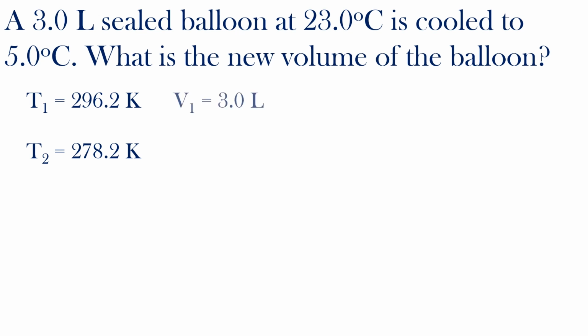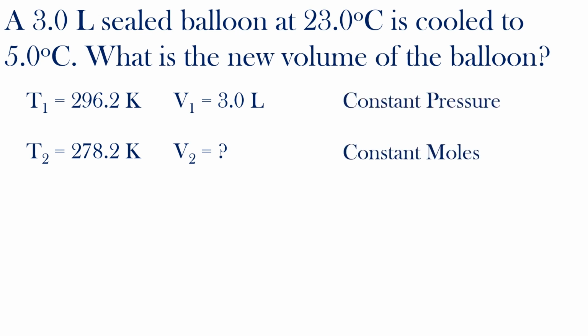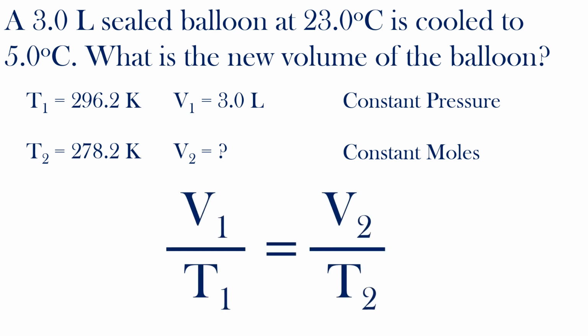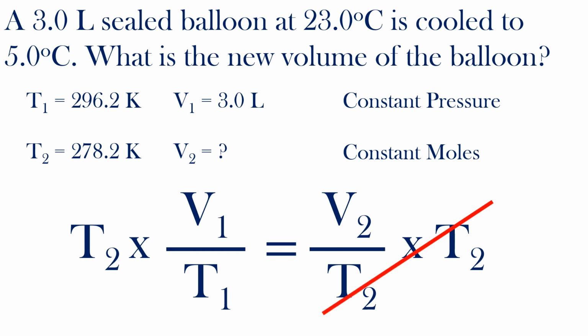The initial volume is given in the problem, and I'm looking for the final volume. Pressure and moles are not mentioned, so I'll assume that they are constant, and I'll use Charles's law. I'll multiply both sides by T2, and this will cancel the T2 on the right side, leaving V2 by itself.